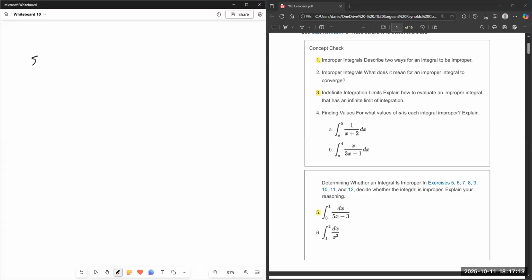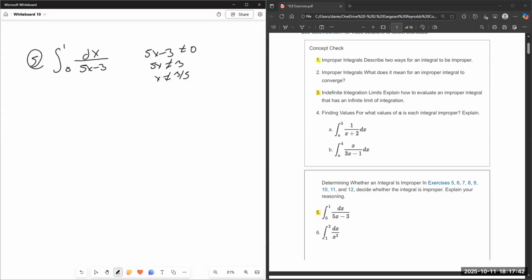Let's look at number 5. Number 5 asks if the integral is improper, and if so, why? So let's look at the domain of the integrand. So there's my domain, but 3/5 is within the bounds of integration there, the interval of integration.